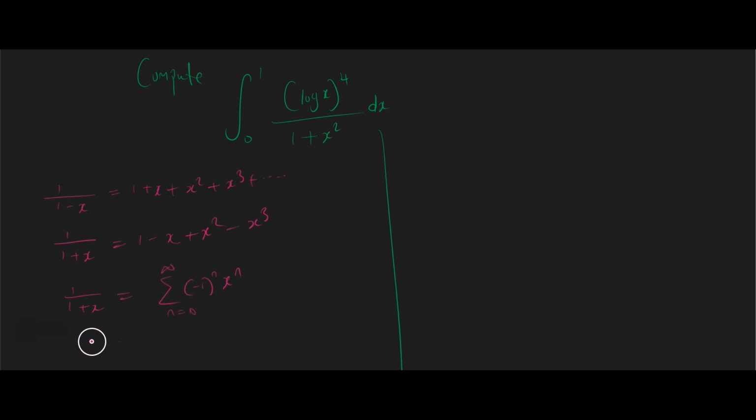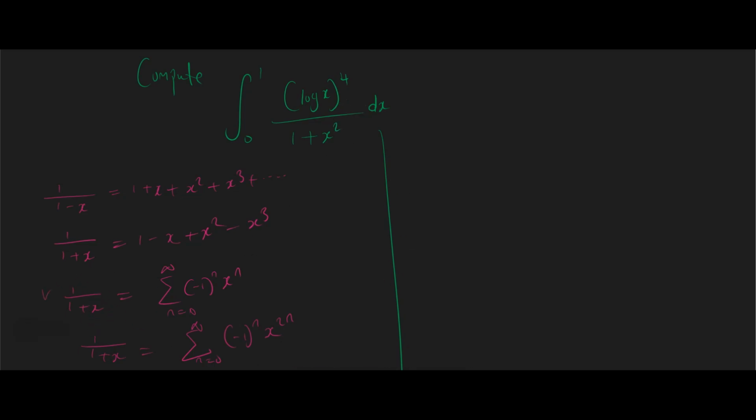So if we change x to x squared, we'll have 1 over 1 plus x squared to be the sum as n runs from 0 to infinity of negative 1 to the n x to the 2n. This is done by changing x to x squared in this particular formula.